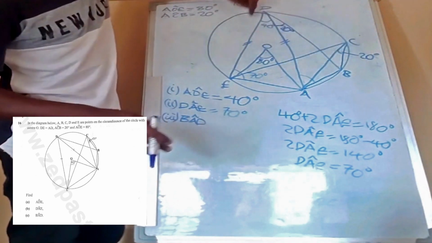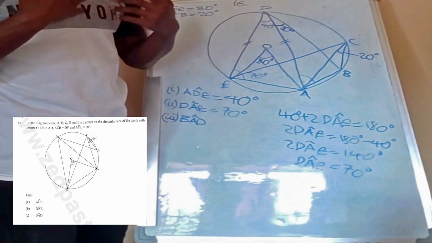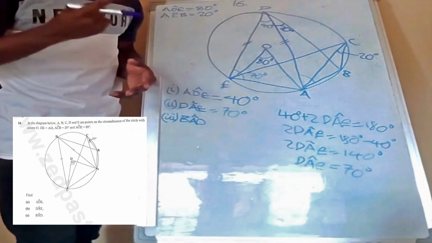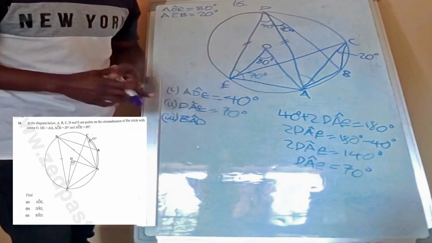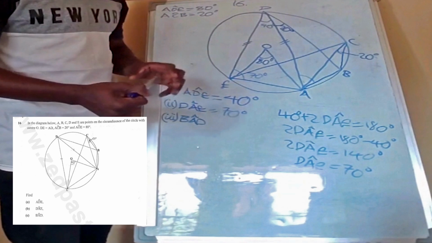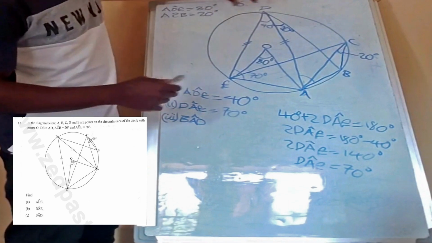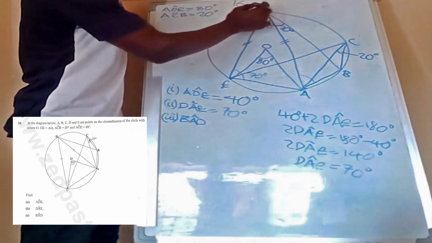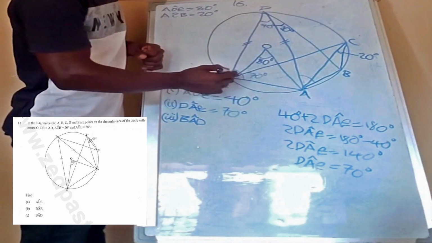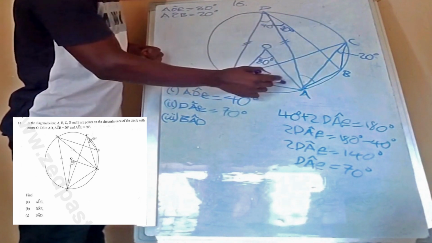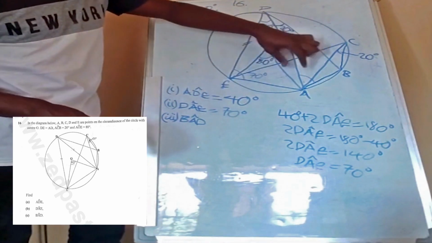So when we see a cyclic quadrilateral, the first principle that should come to mind is that opposite angles should add up to 180 degrees. This point is opposite to that point, meaning this plus that should give us 180. That principle is enough for us to find A.